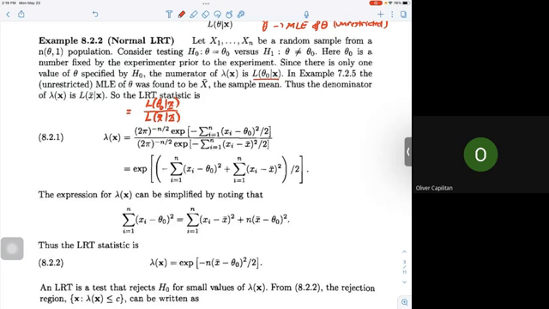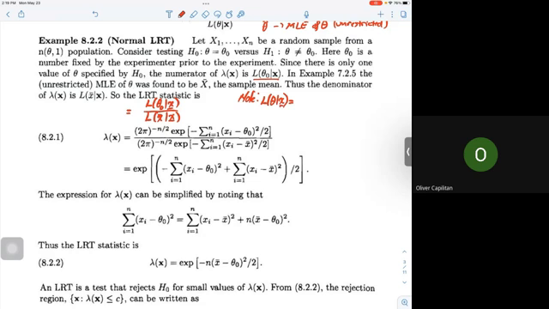Okay, so lambda of x, if we consider our likelihood function, then we have here 2 pi raised to the negative n over 2, the exponential function of the negative summation. Let us first note the likelihood function when we have our parameter theta given our sample x.